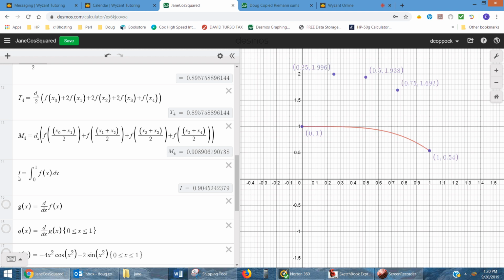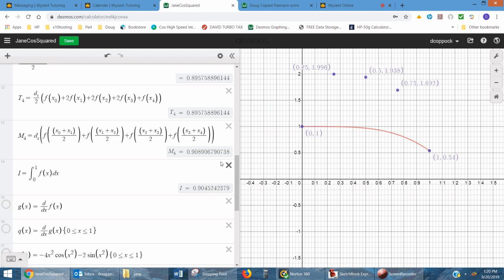By the way, the exact value of the integral using the Desmos definite integral function is 0.904. So you can see the trapezoidal rule is an underestimate. And here's the midpoint rule. I get 0.90891 rounded to 5 decimal places.